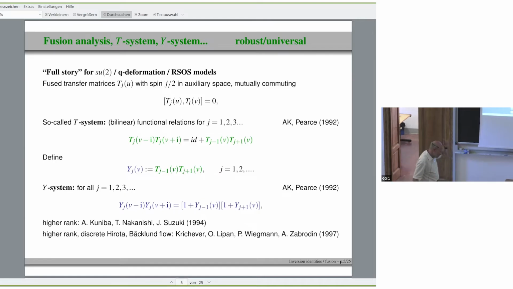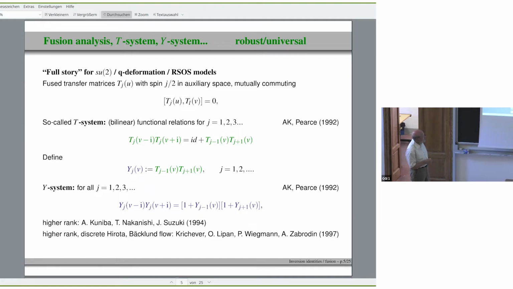I should have actually cited here Kulish and Reshetikhin, and possibly many others, for the fusion procedure. The fusion relations are usually bilinear equations, but in 1992, Paul Pearce and I found out that purely bilinear relations also exist. On the left-hand side, we have a product of the same type of transfer matrix for shifted spectral parameters.